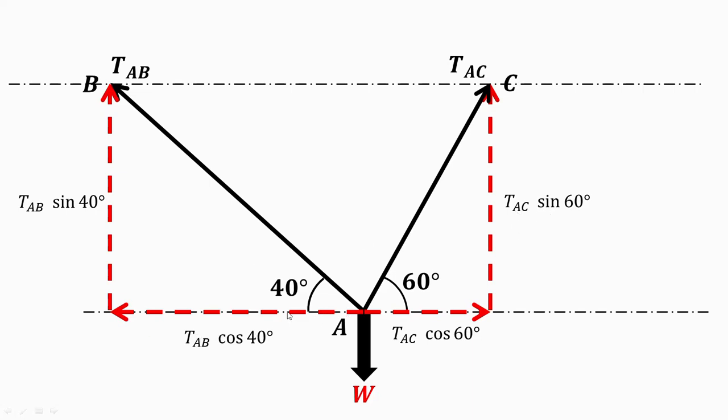Similarly, if the force in wire AB is TAB, then the adjacent component is TAB cos 40 and the opposite component is TAB sin 40. There are two components acting in the upward direction, TAC sin 60 and TAB sin 40, which support this load W. And there are two horizontal components, TAC cos 60 and TAB cos 40.